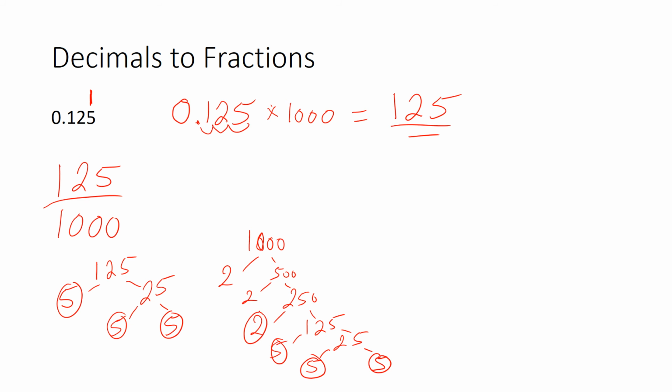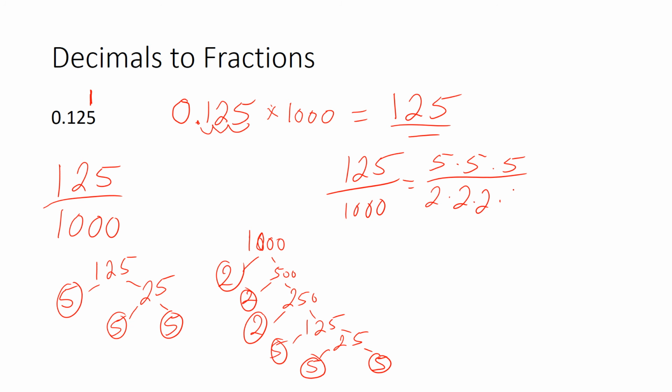So there are the prime factors for 1,000. So let's rewrite this. 125 over 1,000. This is 5 times 5 times 5. 1,000 is 2 times 2 times 2 times 5 times 5 times 5.